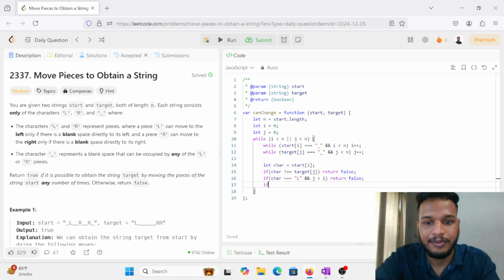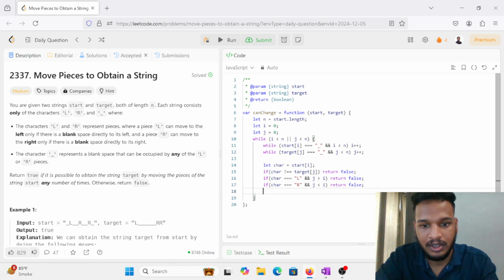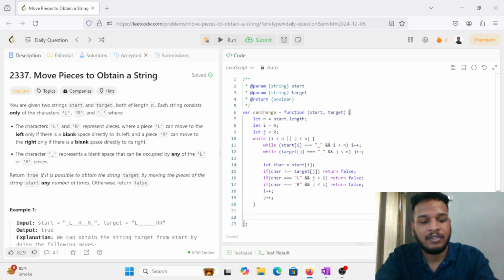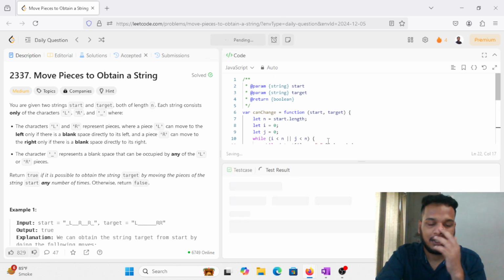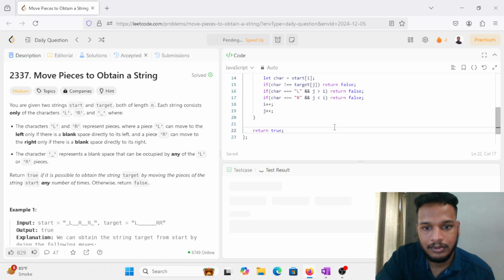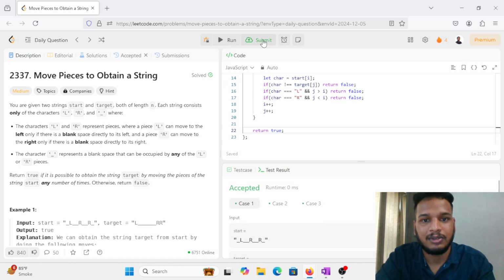If my char is equal to R and my j is less than I, then we have to return false. And at the end, I plus plus, j plus plus, and we return true finally. See, the problem is solved. Let's submit this solution.